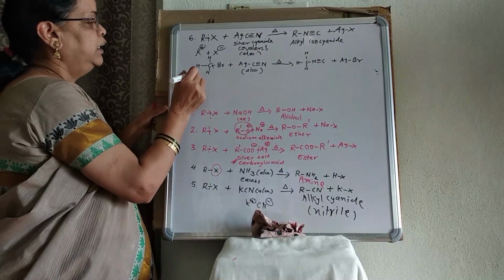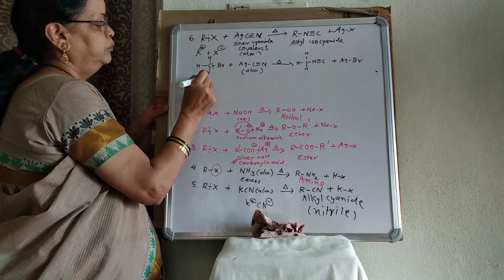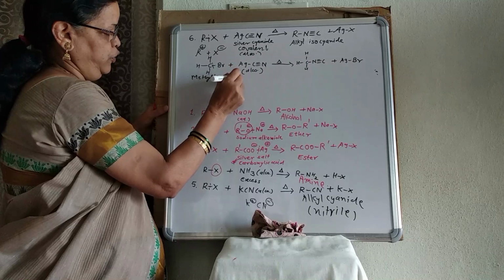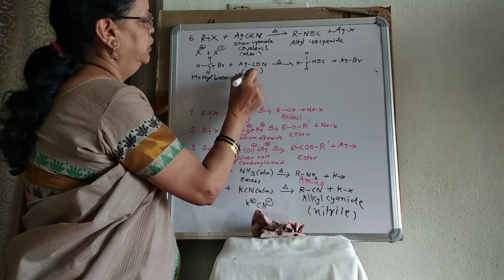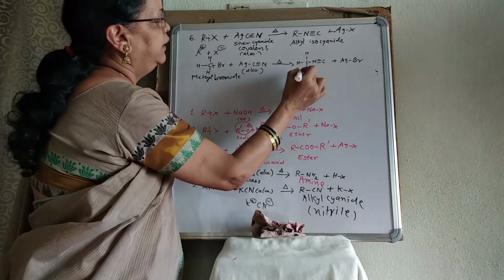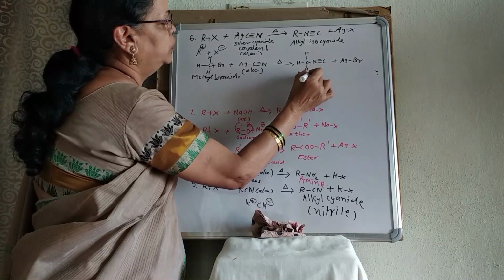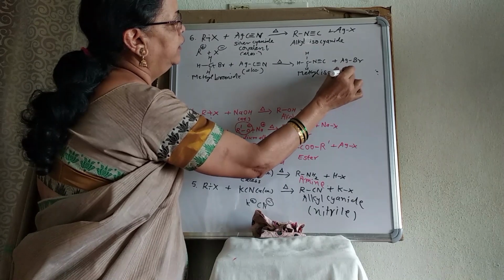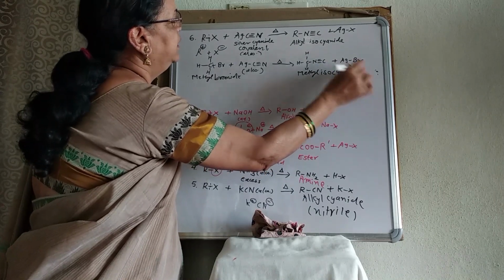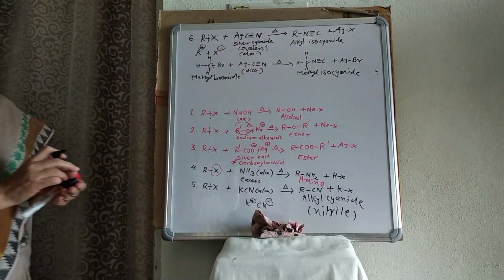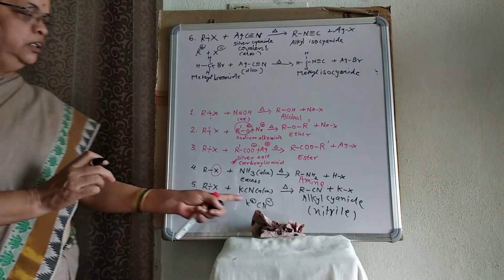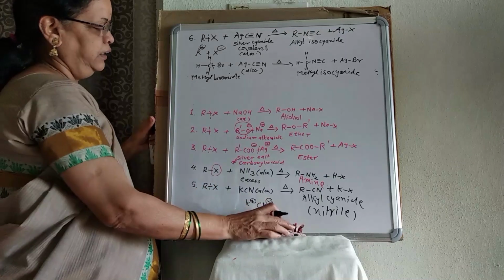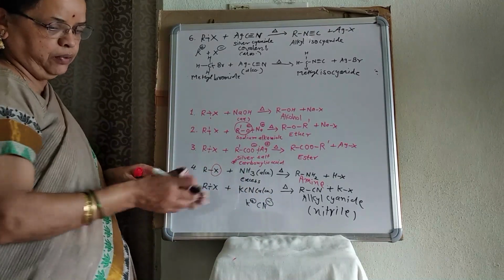So methyl bromide can be converted with silver cyanide into methyl isocyanide. So if we want to prepare isocyanide, then we must take AgCN and not KCN. If you want to prepare cyanides, then we have to take KCN. I think you understand. Like this the reactions are taking place.